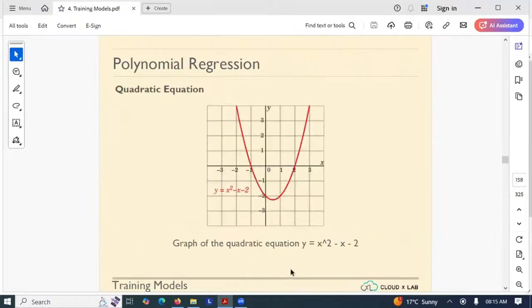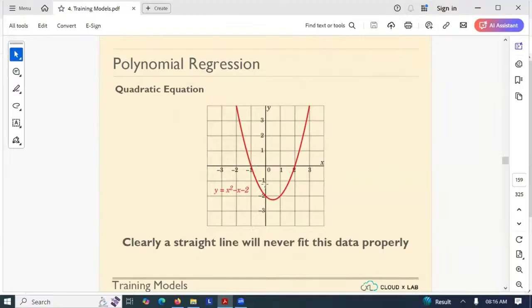So for example, this is an example of a quadratic equation: y is equal to x square minus x minus 2. If we have such a relationship between input and output, then we can use quadratic equations. We cannot fit a straight line here.